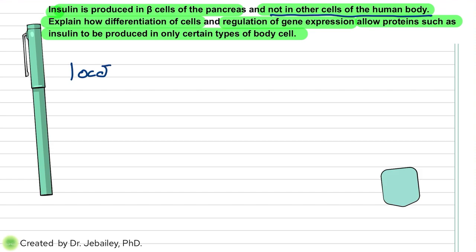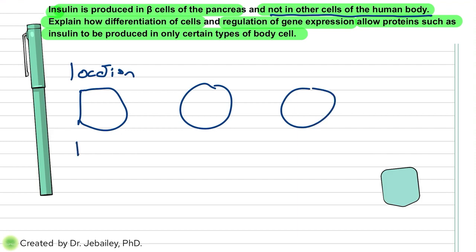So that means you can have here, let's say, three cells. This cell is found in the liver, this cell is found in the pancreas, and let's say this cell is found in the kidney. Now, all of them have the gene, right? The exact same gene. The only difference is in the pancreas, this gene is turned on.